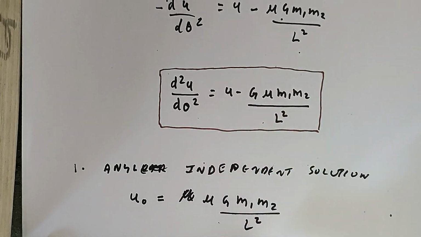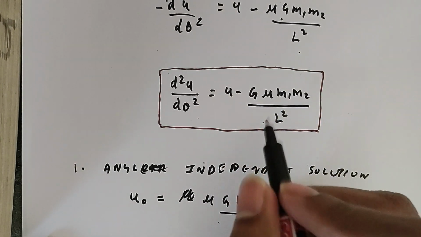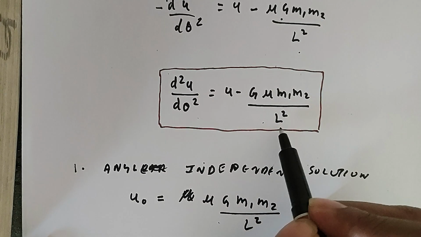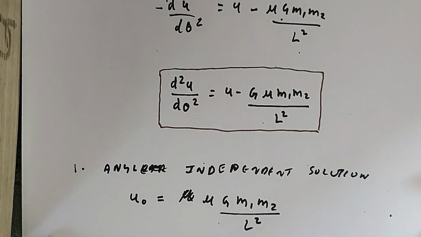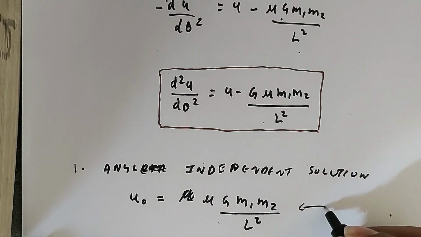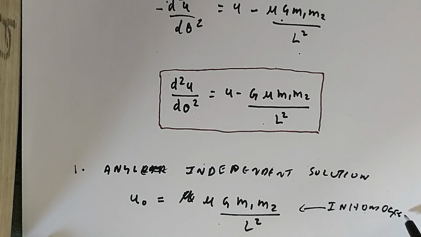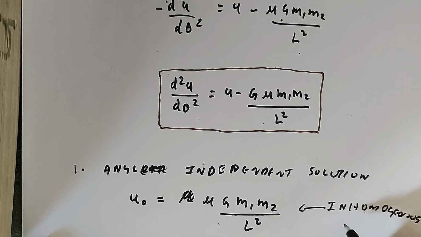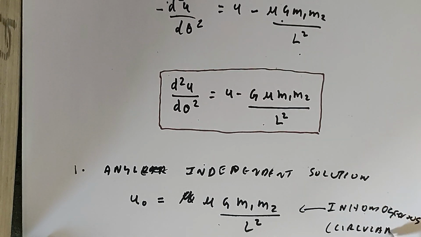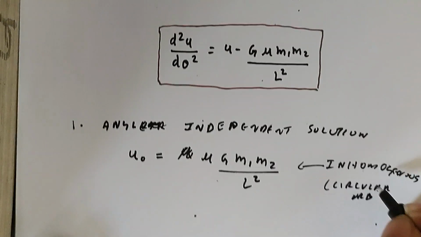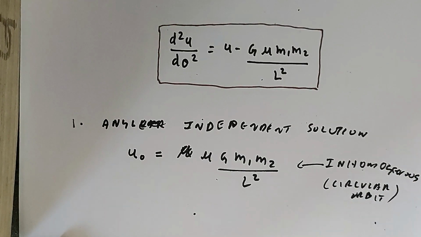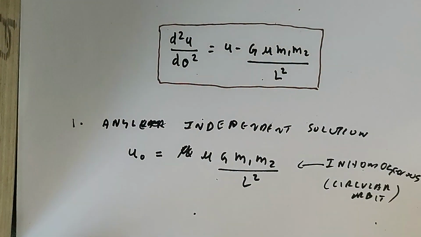This particular term, mu g m1 m2 upon L square, is equal to u naught, which is the inhomogeneous solution. Also I'm going to write circular orbit in brackets, which I will further explain to you.